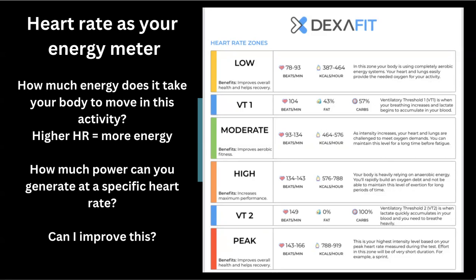The other part of the equation is how much power you are able to generate at that heart rate. This speed and power output will be different depending on the type of exercise you're doing, so you may want to track your heart rate across the different types of exercises that you do.